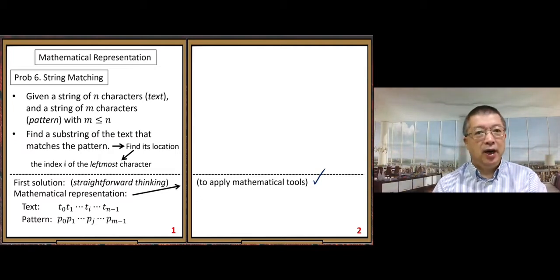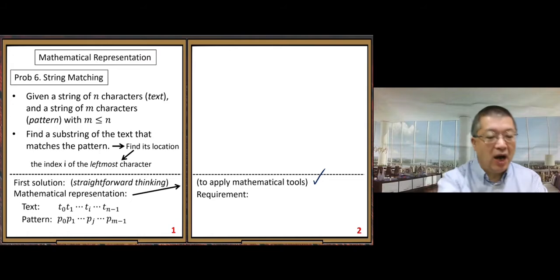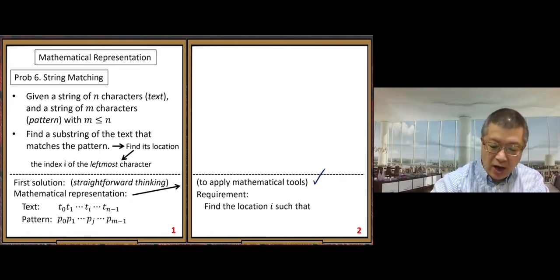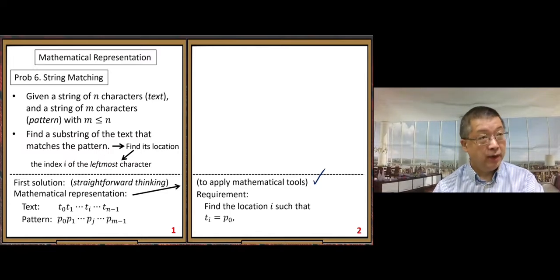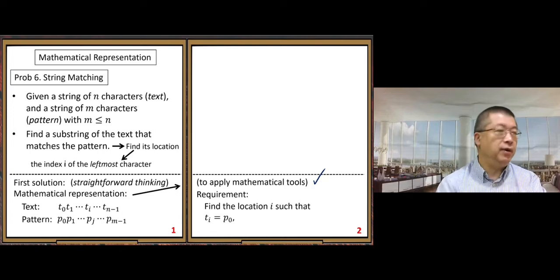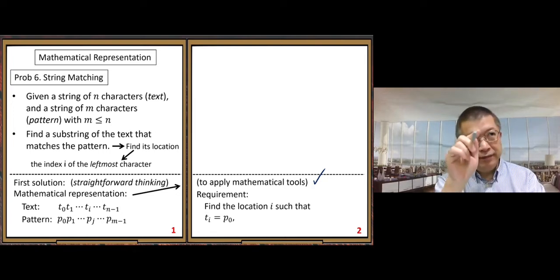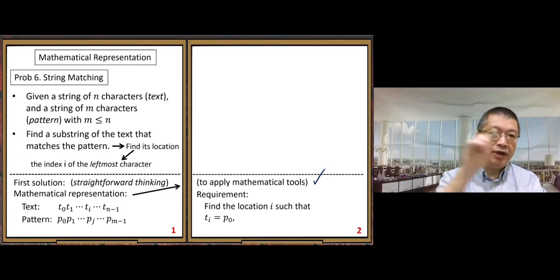All right, so then the requirement. For the requirement, find the location i. Suppose we find a match. How do we describe the match condition here? Very simple. t sub i equals p0, then t sub i plus 1 equals p1, and so on.